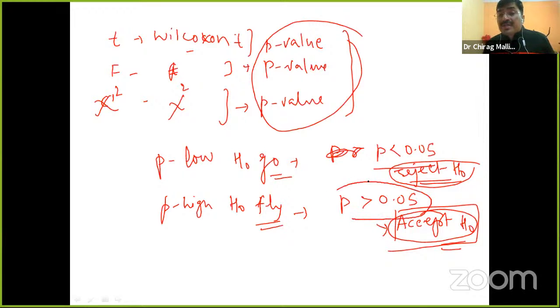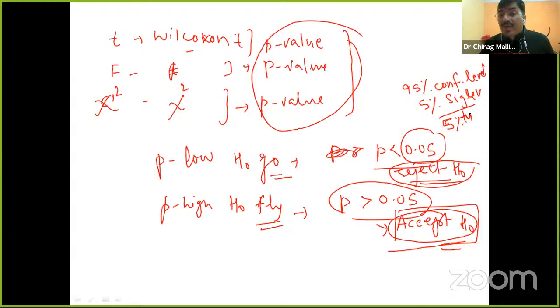When I say 0.05, I mean that I have a 95% confidence level. It means 5% is the significance level, which is the type 1 error, but let's not get into that.